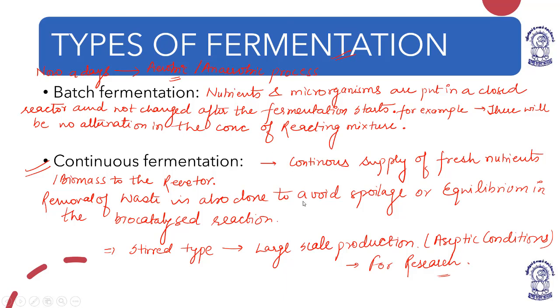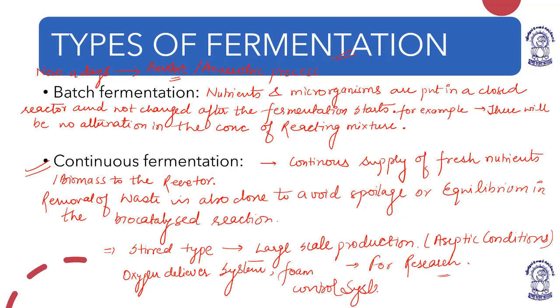These stirred type bioreactors can be used to control the oxygen delivery system, foam control system, etc. So, batch fermentation and continuous fermentation.